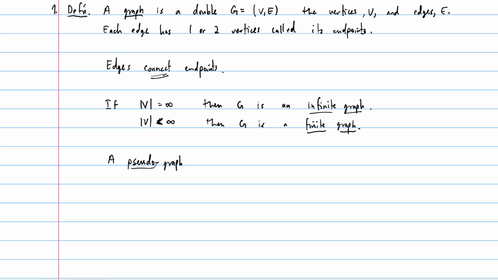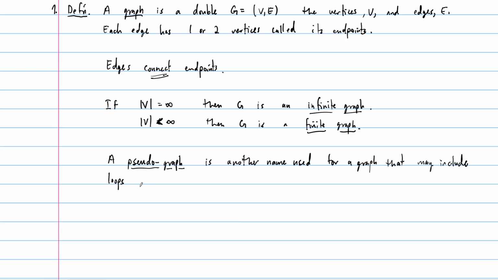So a pseudograph sometimes is just called a graph still, though, but a pseudograph is another name, I'll write it this way, used for a graph that may include loops. And by loops, I mean edges with one vertex to just connect the same vertex to itself. So it could contain a whole lot of loops, right?